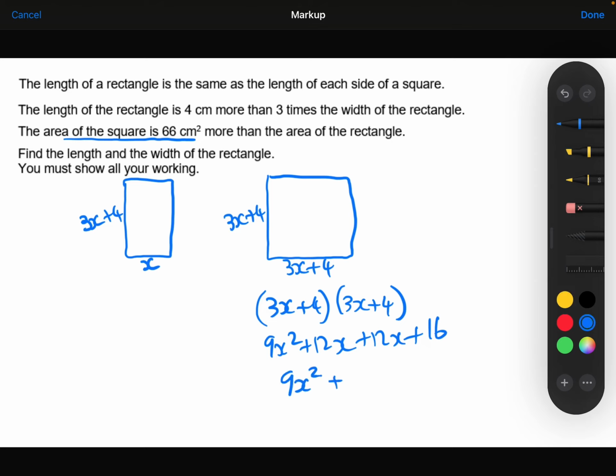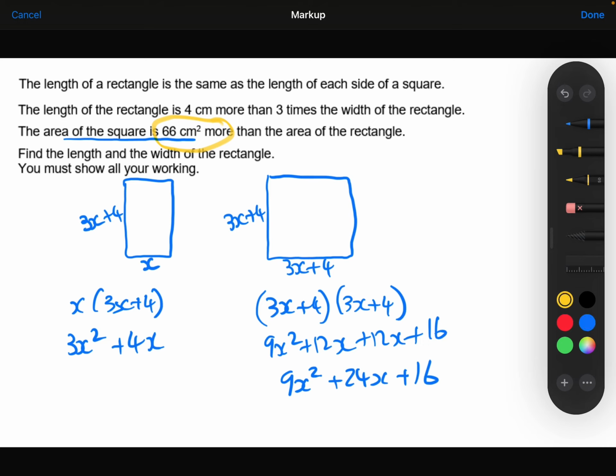And I'm told that that is 66 more than the area of the rectangle. Well, the area of the rectangle is going to be 3x plus 4 times x, which would give me 3x squared plus 4x. This is the square, this is the rectangle, and I'm told that this is 66 more than this.